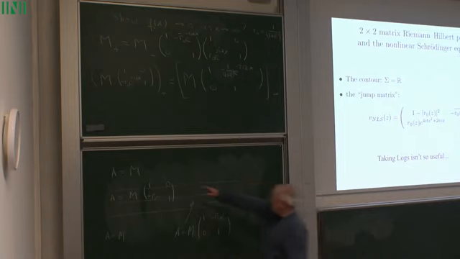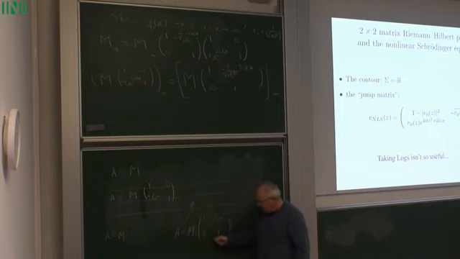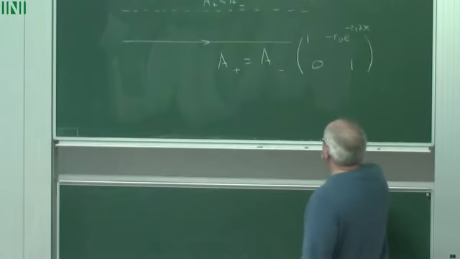So A plus is M, and if I want to multiply A minus along this contour, I have to multiply the inverse of this matrix. So the jump should be with positive R0. Down below, A plus is actually this, and if I take A minus, I need to multiply by this matrix to get the jump correct. So I probably wrote it correctly. I don't know if it's legible for anybody, but that's okay.